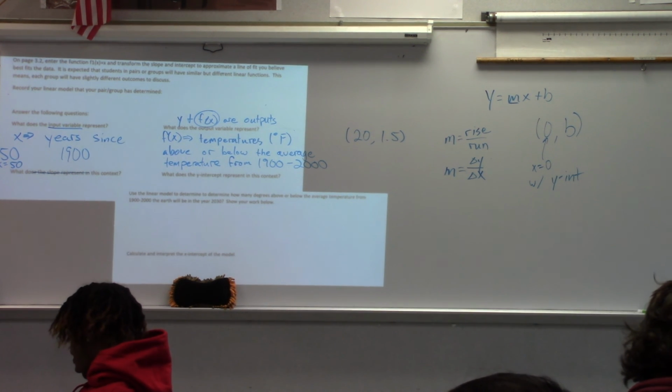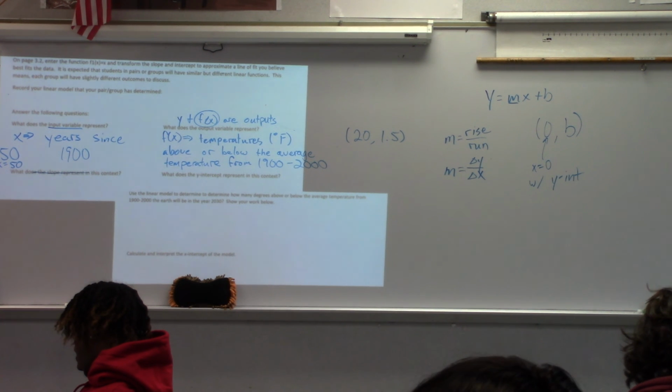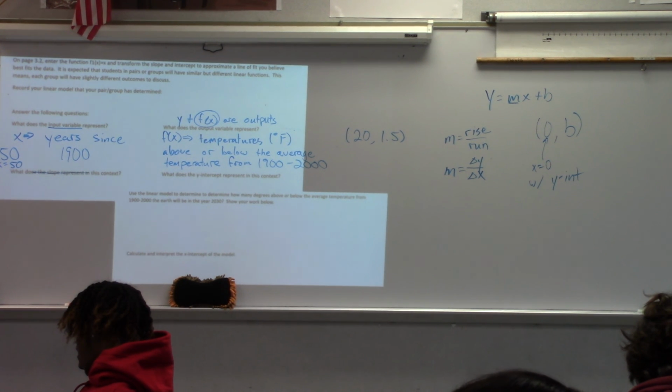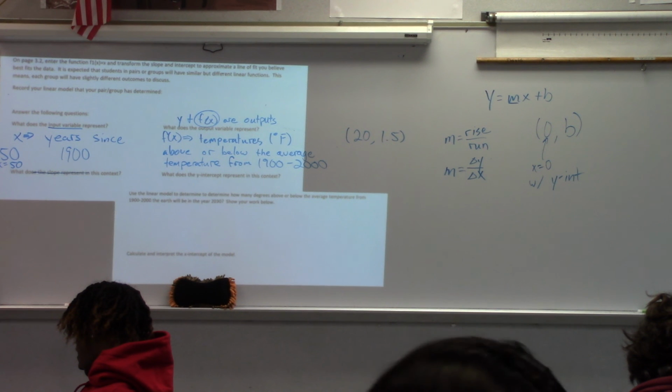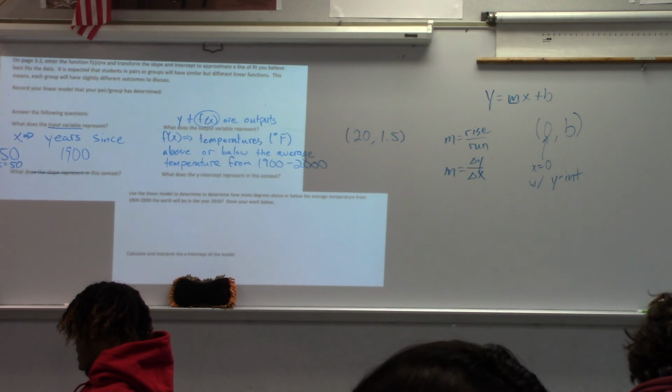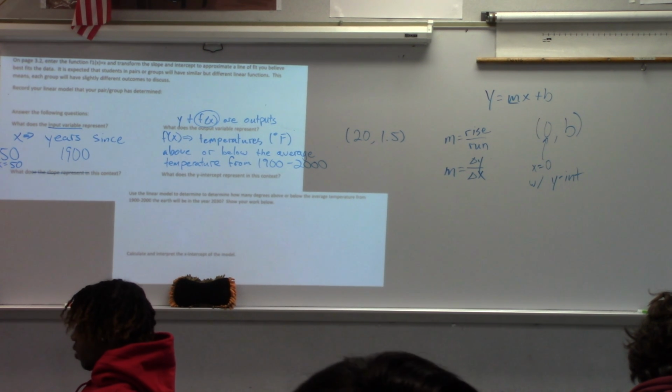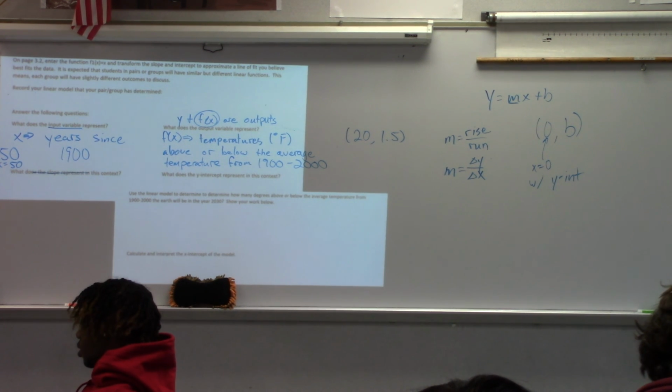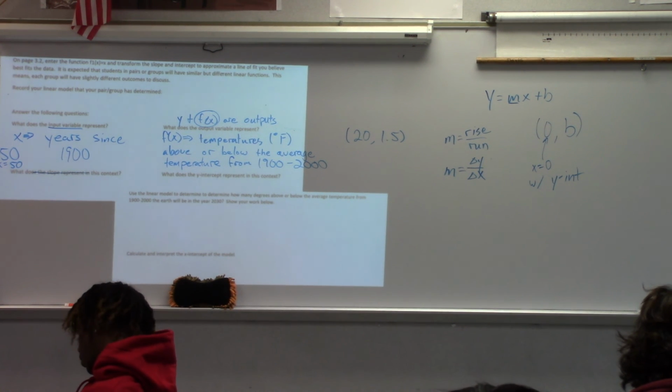The x is equal to 0. Okay. Now, go back to your context. You have an x and you have a y. So tell me, 0 what? Negative 0.84. Not just below temperature, below what temperature? Below the average temperature, right? You gotta go back to that context.